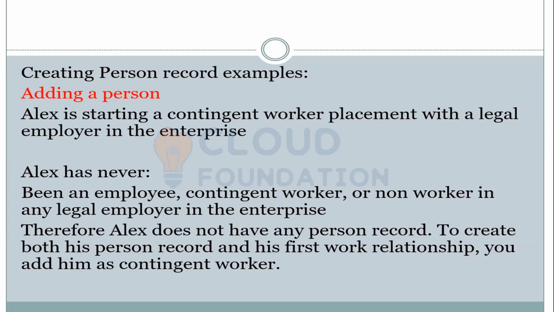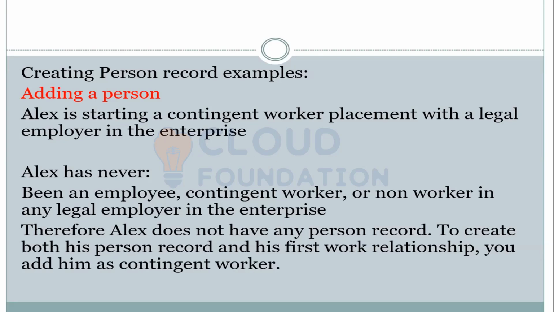Alex has never been an employee, a contingent worker, or a non-worker in any legal employer in the enterprise. Alex does not have any person's record, because he is not an employee, contingent worker, or non-worker.